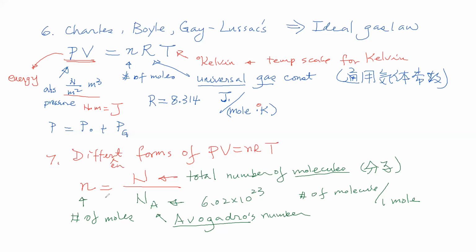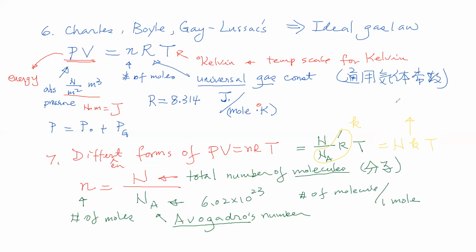Now we're going to substitute this one into here, and you will see this can become N divided by NA, and then you have an R right there, and T. And now I'm going to change the color again. This can be called a Boltzmann constant right there. So that's equal to k, little k, not capital K, which gives PV equal to NkT.